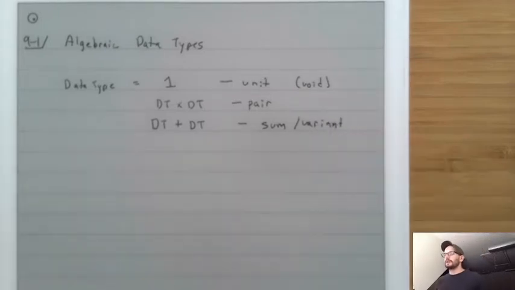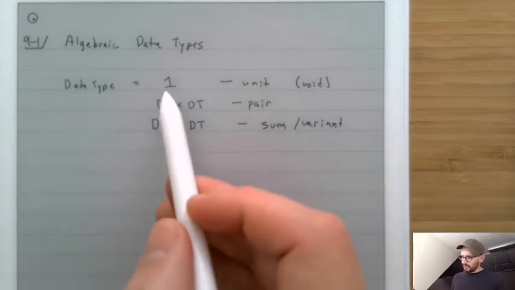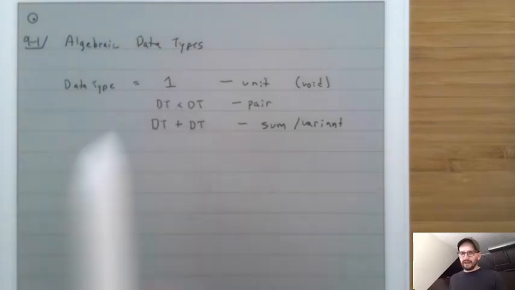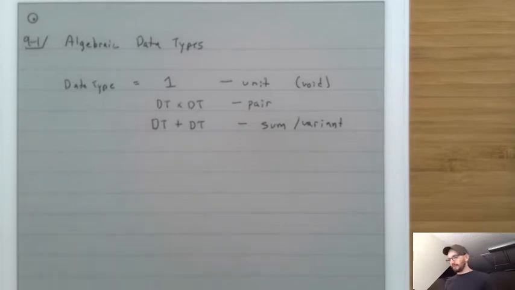Okay. So let's look at some examples of what these mean. So unit means something with no interesting pieces of it, so there's no internal components. And a pair is obviously one thing and something else, so think of a position, like a Cartesian point. Now sums are a little bit more interesting. Sums basically say whether something is the thing on the left or the thing on the right.